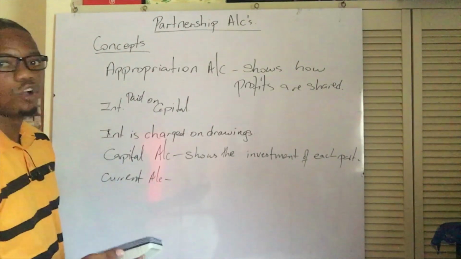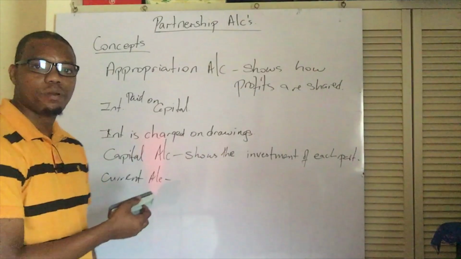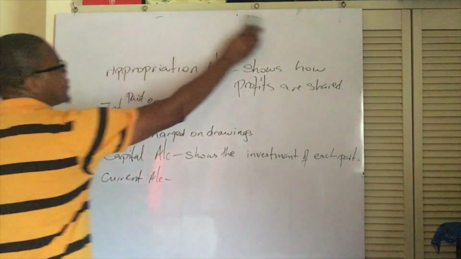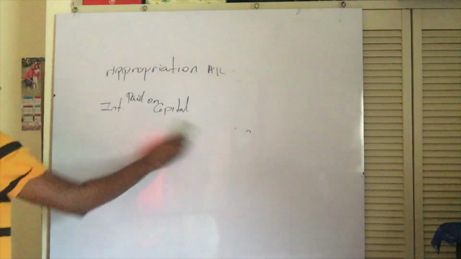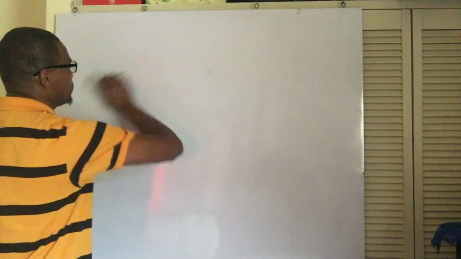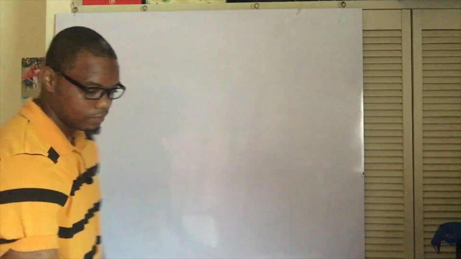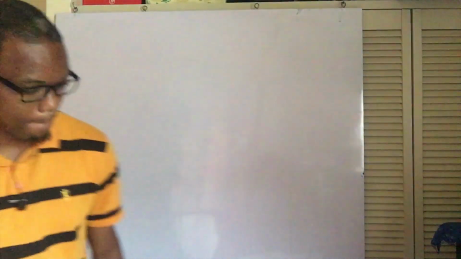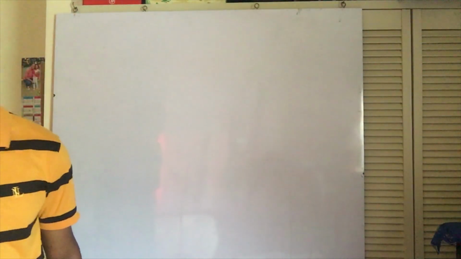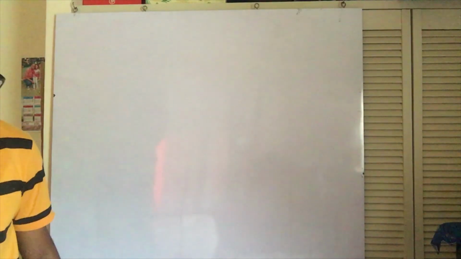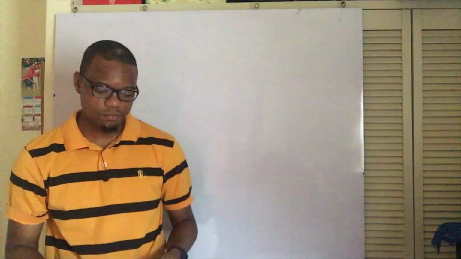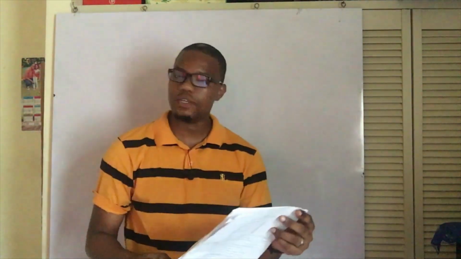Because if you know how to do an income statement, then you should have no problem here. Let me take this off now. Practice time. Let me take the paper. Partnership is a thing that I can find a lot of questions on.